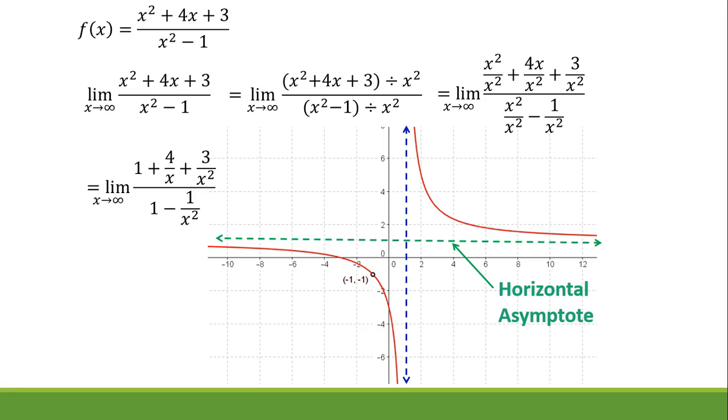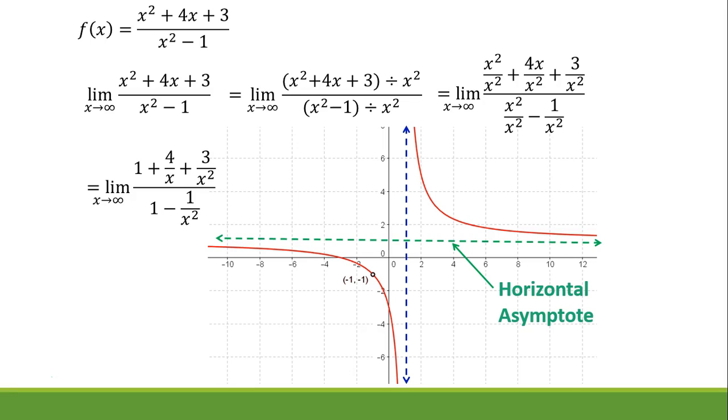If you take 4 and you divide it by something that's huge, which is what's happening to x as x approaches infinity, 4 divided by something huge basically becomes so small that we are going to call it 0. So 4 over x is going to get very close to 0 when x goes to infinity. 3 over x squared also gets very close to 0. And 1 over x squared gets very close to 0.